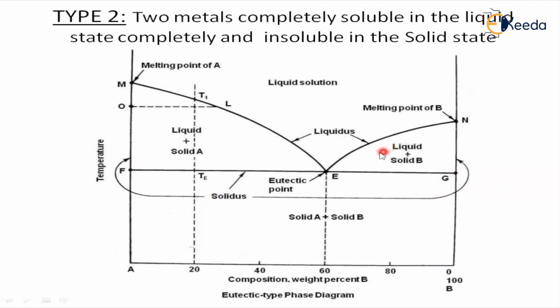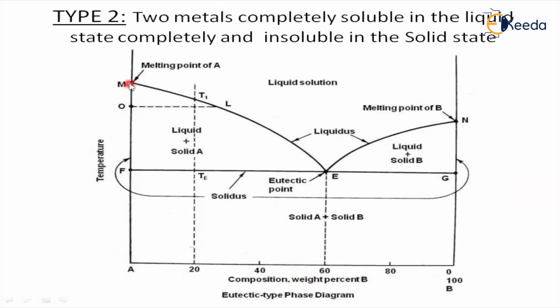Let me discuss the various areas and lines in detail. This is the phase diagram drawn between temperature versus composition. The x-axis represents 0, 20, 40, 60, 80, and all these represent the weight percentage of B.